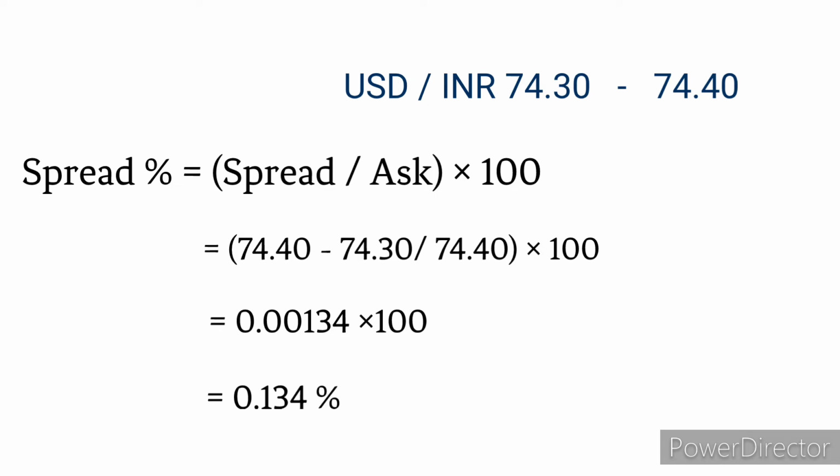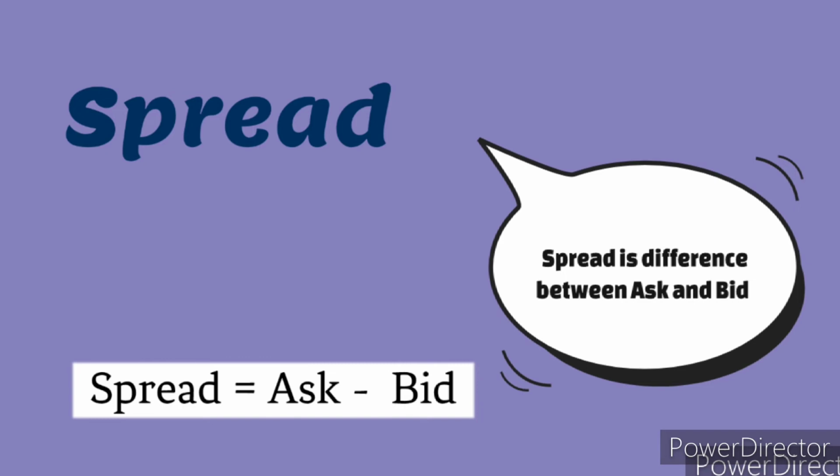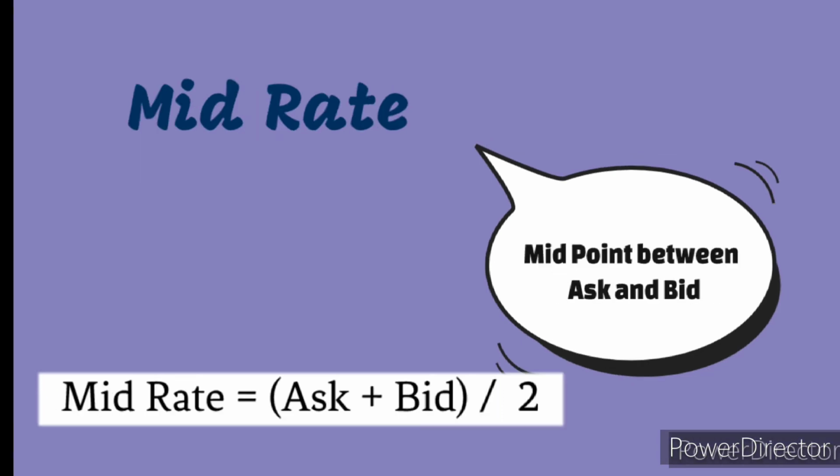Okay, so basically what we got from this particular video: when you want to find out spread rate, spread rate is equal to ask minus bid. This is nothing but the difference between ask and bid. Secondly, mid rate is ask plus bid upon 2.